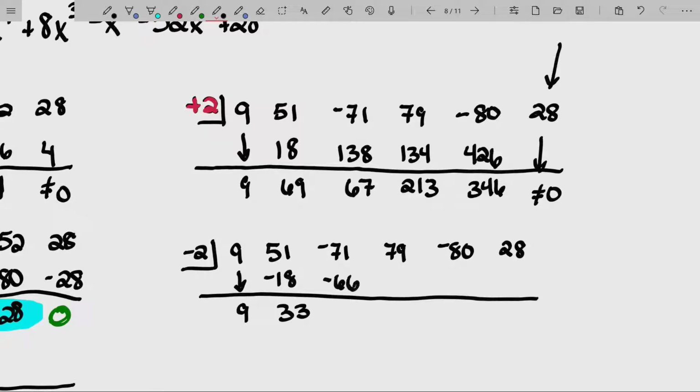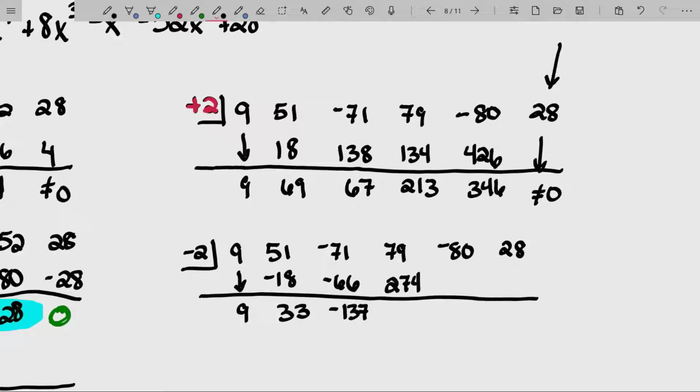We get a negative 66 here. We're going to lose 71, sorry. And that'll be a negative 137. We're going to multiply that by a negative 2, which is 274.